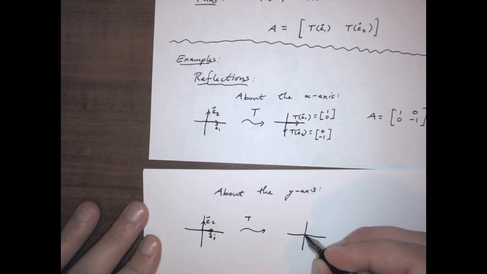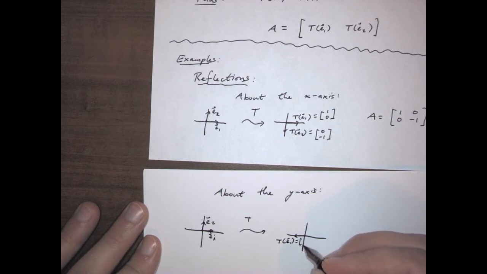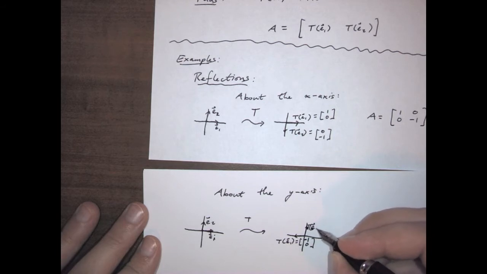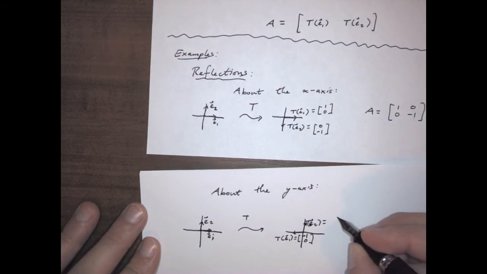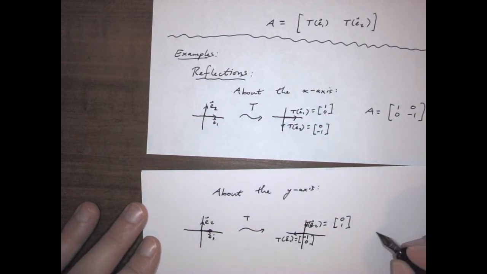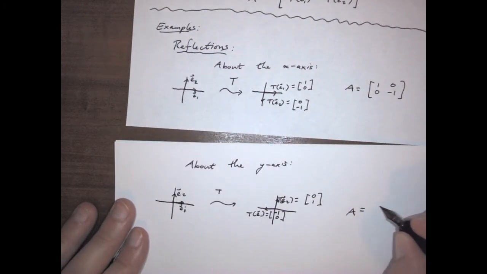So E1 will be going this way now, which will be -1, 0, whereas E2 will continue pointing the direction it was, which will be 0, 1. And so what that means is we can take these as the two columns of our new matrix, and that'll be -1, 0, 0, 1.